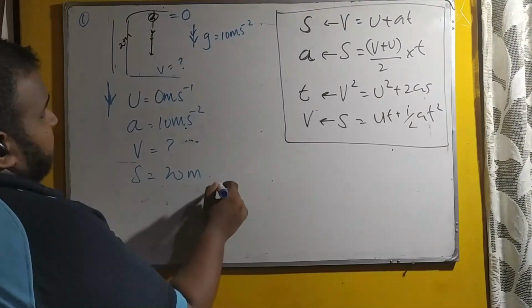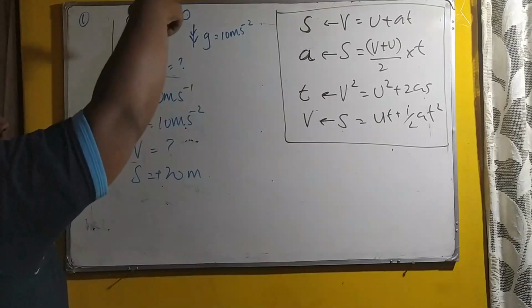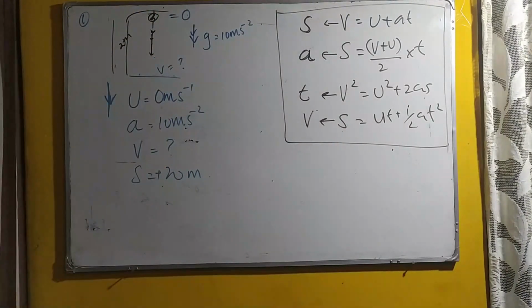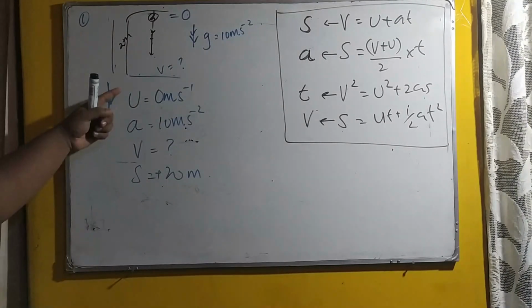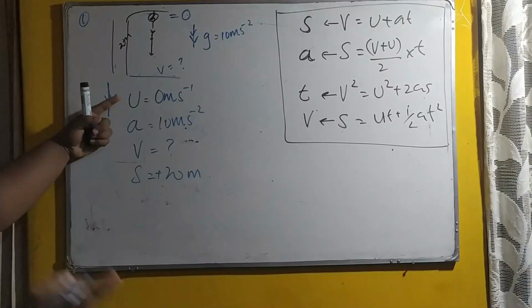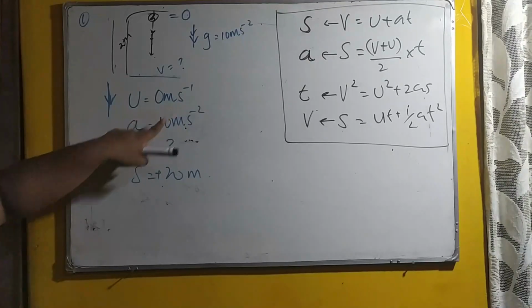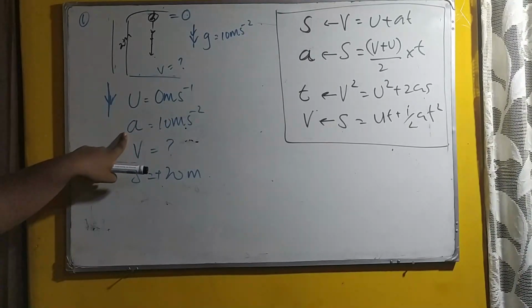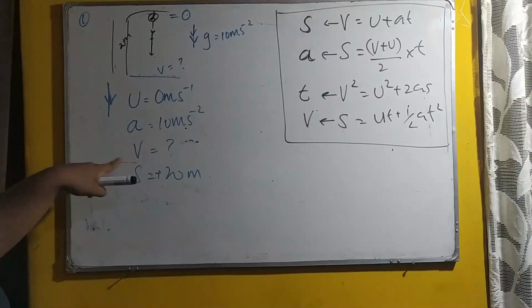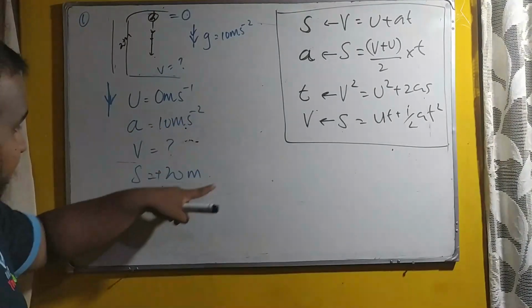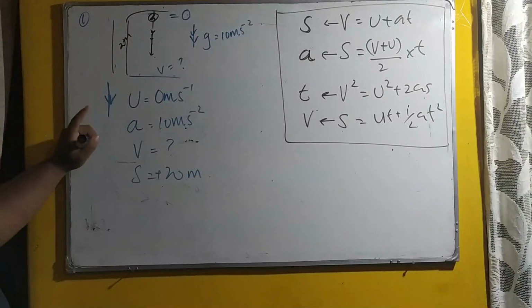Is it positive or negative? It is positive. Why? We are considering downward as positive, and the displacement is downward, therefore it is positive. Now, what are the four data they have considered? They have given you u, the initial velocity. They have considered acceleration. They have asked for the final velocity, and they have considered the displacement.